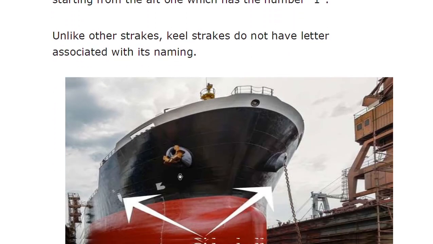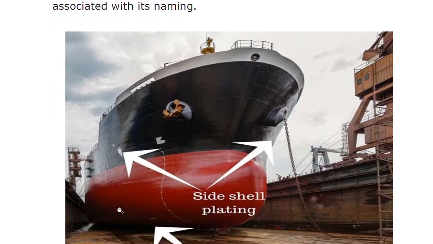So all the garboard strake, which is the A strake, will be numbered A1, A2, A3 from aft, and it will come till forward till AN. Same way B will go second, then it will be B1, B2, B3, and so on, BN. C, D. So numbering is from aft to forward, and the letters, the alphabets, are from bottom to top.